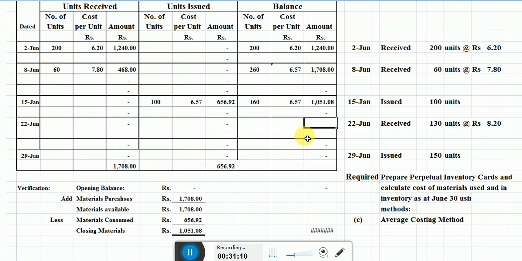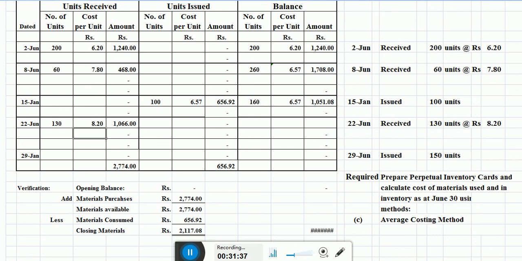Now on 22nd June, I purchased 130 more units here, and the rate is 8.20.